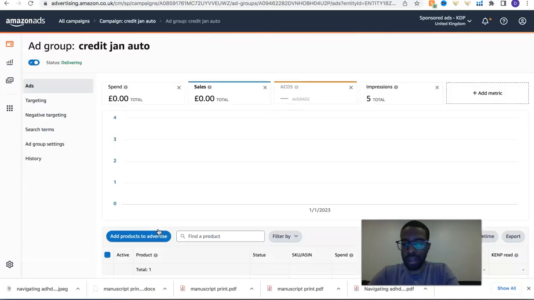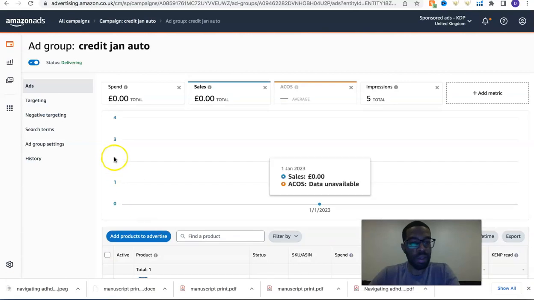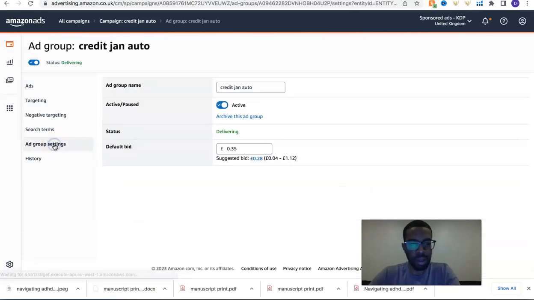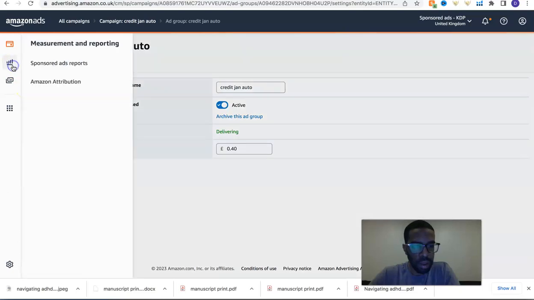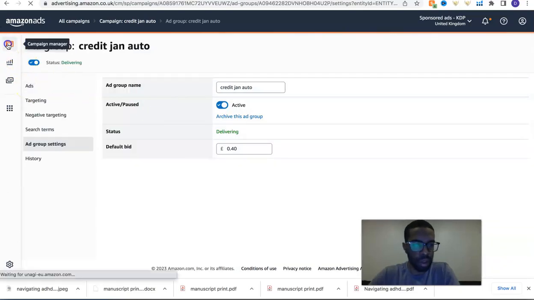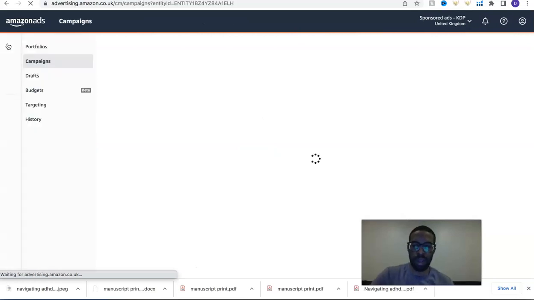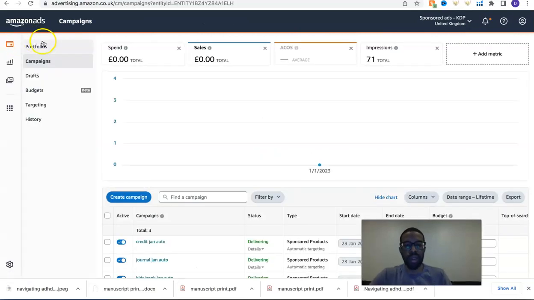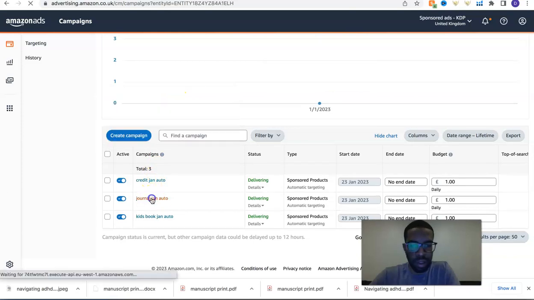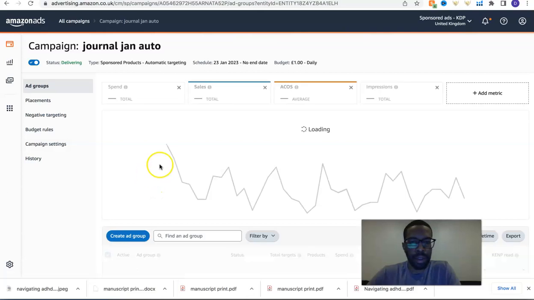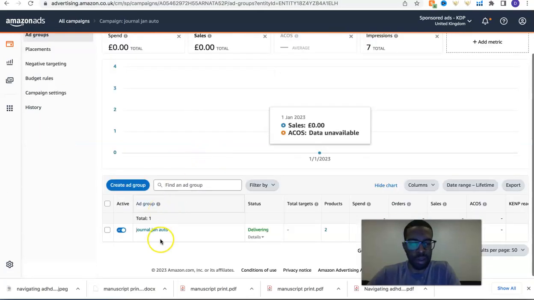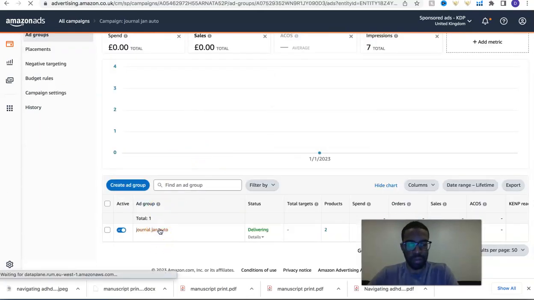Can't believe we're at day 16. Far away from the 10K, but that's okay. You learn a lot as you go along. I don't know if I'm gonna push these ones any higher because this is in pounds, so it's like double the price of the Canadian dollar. So I don't want to be paying over 80 cents for these.